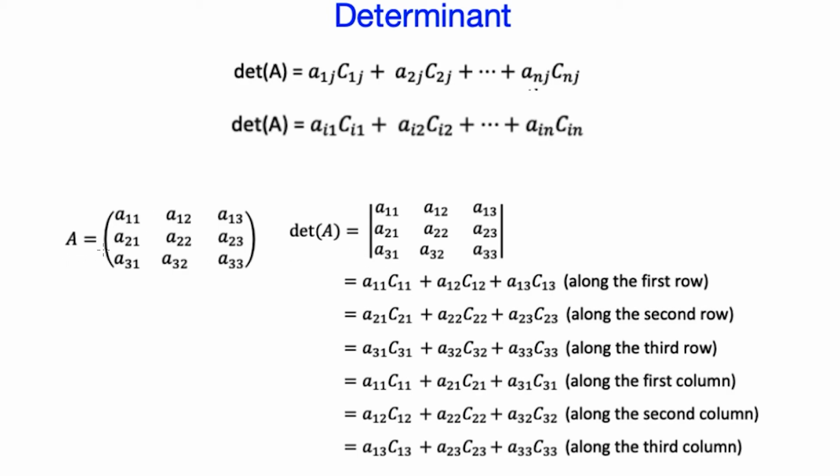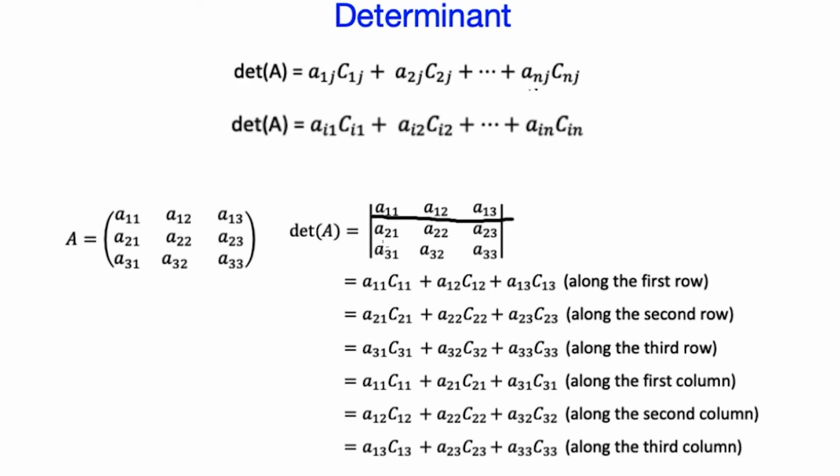The determinant of this matrix here is A11 C11, so we will go with this first row here, and it will be A11 C11, and A12 with its corresponding cofactor C12, plus A13 times its corresponding cofactor.